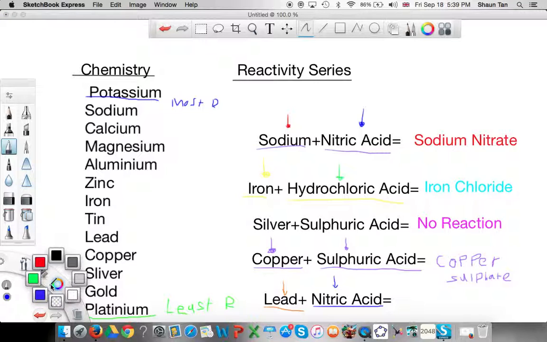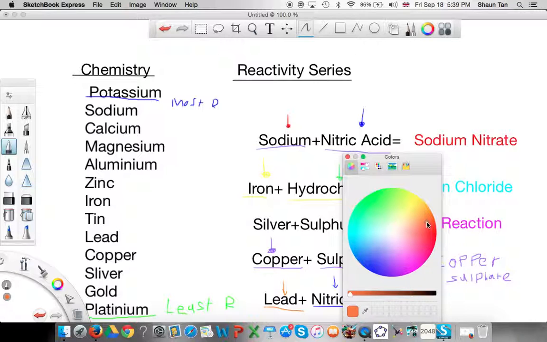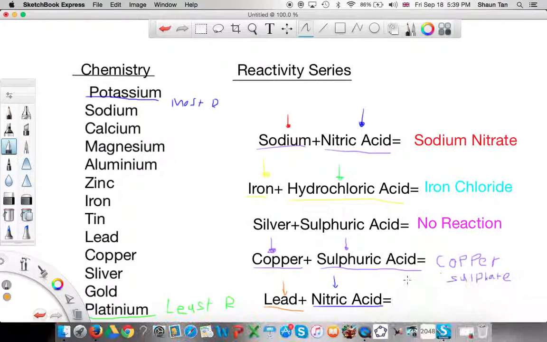So in that case, the answer to this is lead nitrate. So here we have lead nitrate.